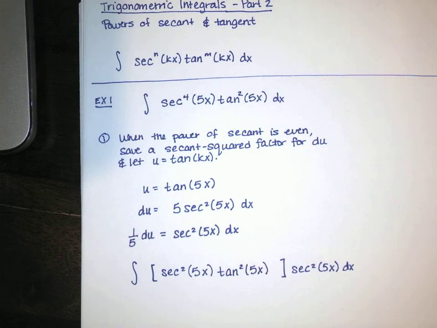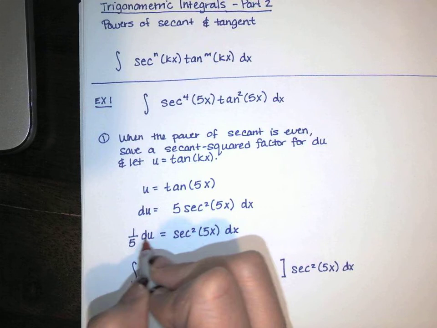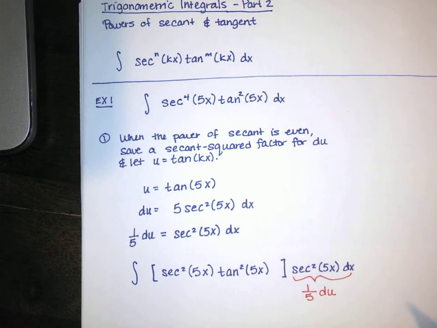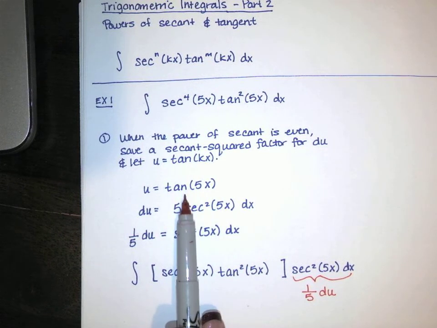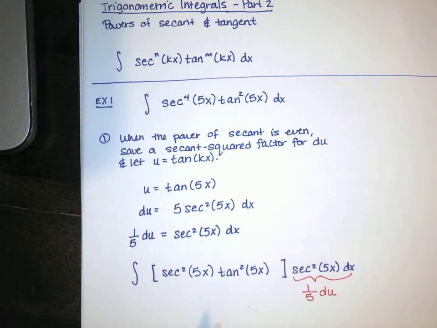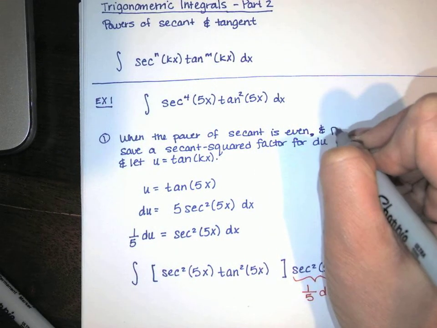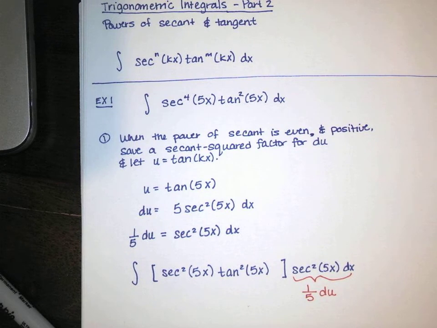Now, by design, this secant squared of 5x dx is 1/5 du. And we want to write everything that's left over here entirely in terms of u, and u is tangent. And we chose u to be tangent because the power of secant was even, and positive, because we need the secant squared in the numerator, right?